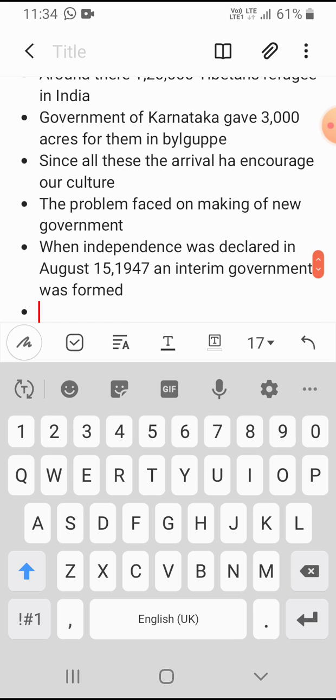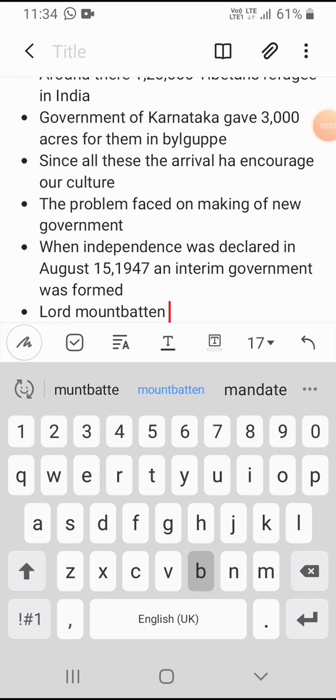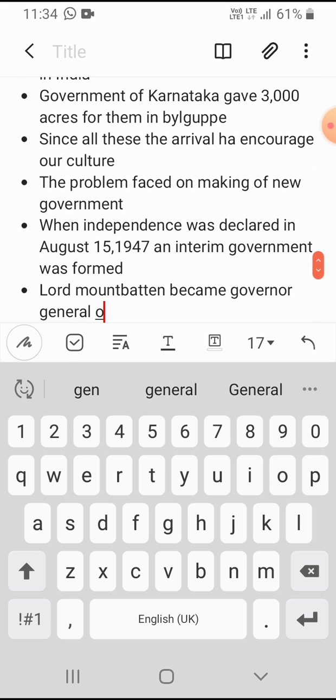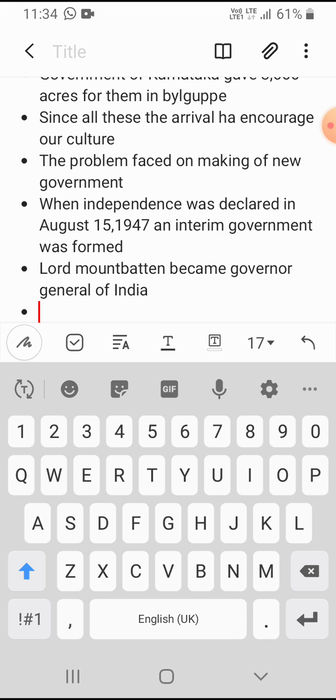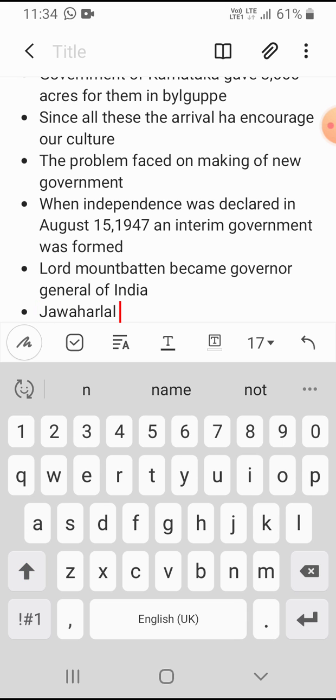Lord Mountbatten became the Governor General of India, and Jawaharlal Nehru became the first Prime Minister of India.